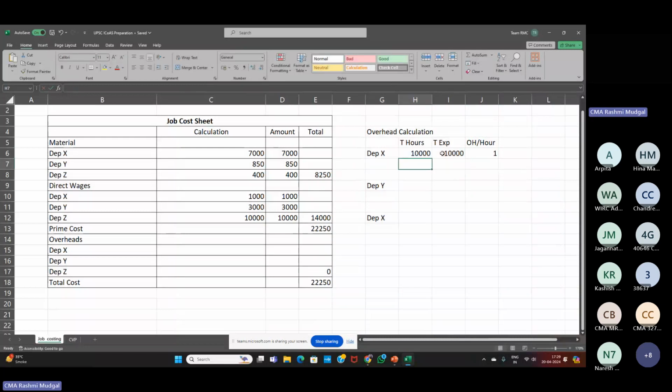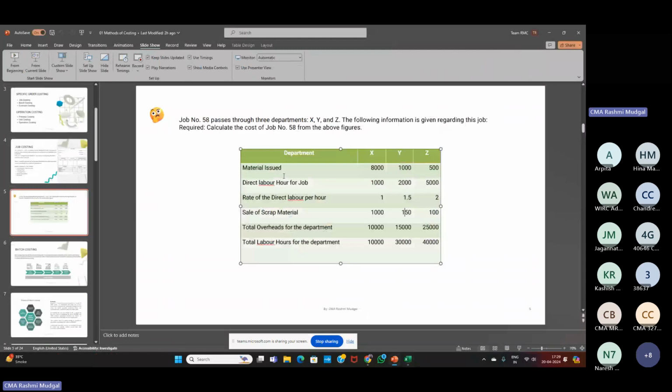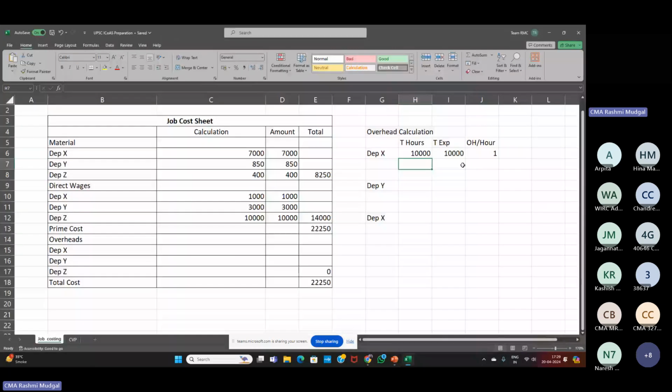And in this department, how many hours we have actually spent is 1,000. So we can multiply it with the hours for this job, which is 1,000.